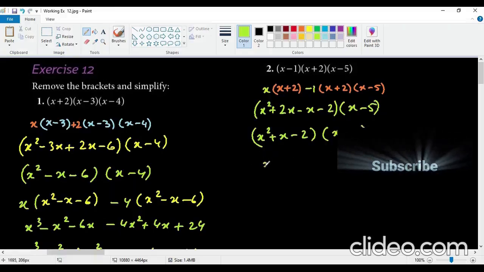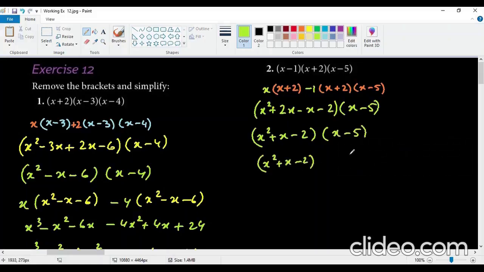So x square plus x minus 2 is going to be multiplied two times. X square plus x minus 2 two times I will write, and I will multiply first by x and second by minus 5. So this is going to give you x cube plus x square minus 2x and minus 5x square minus 5x and plus 10.